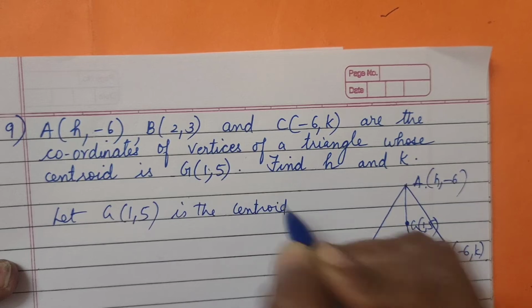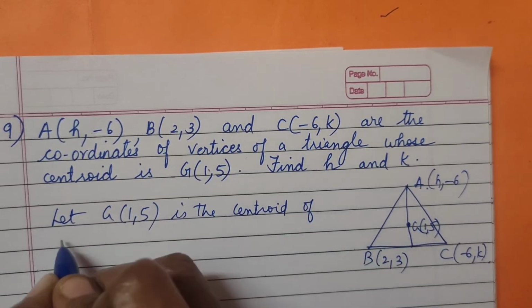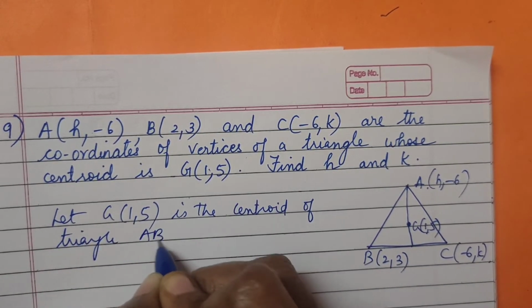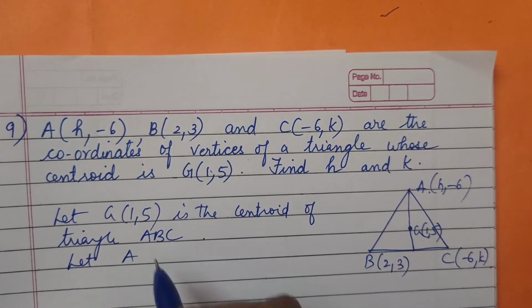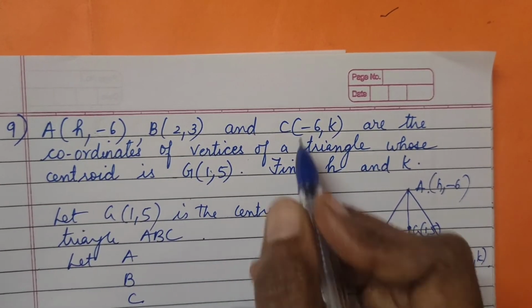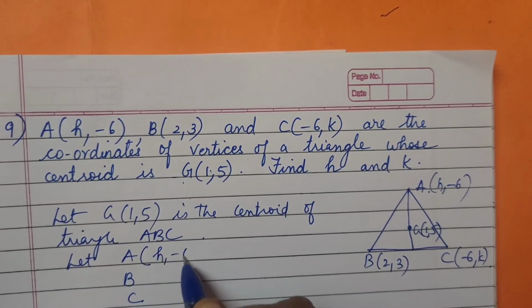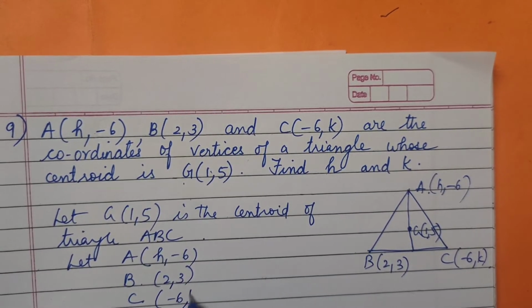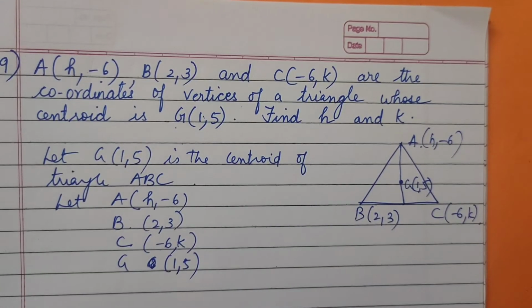We need to write it firstly: G is the centroid of the triangle. Which triangle? ABC. This much is enough here. Now we are writing: let A, B, C and G be the points. A is h comma minus 6, B is 2 comma 3, C is minus 6, k, and G is 1 comma 5.